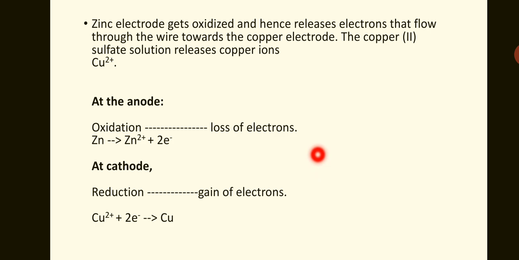If we add these two equations, the two electrons will cancel out. So Zn plus Cu2+, arrow, we will get Zn2+ plus Cu metal.